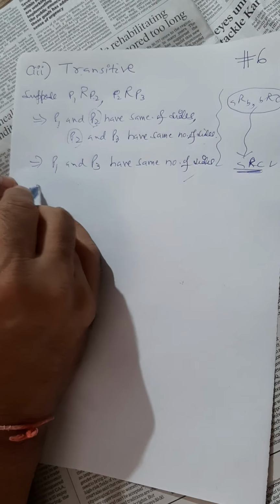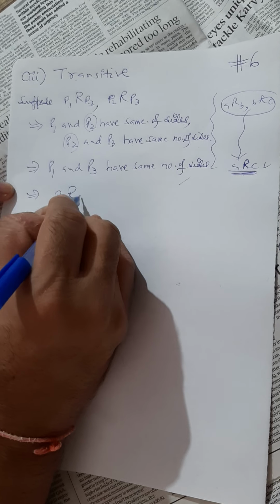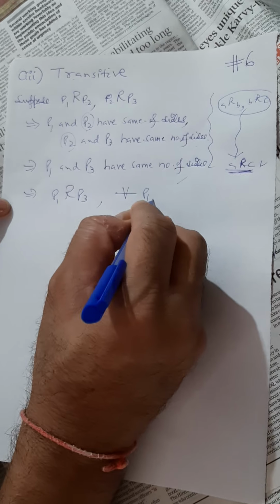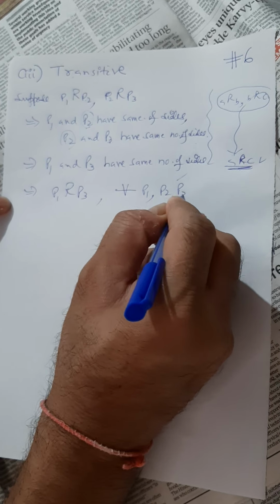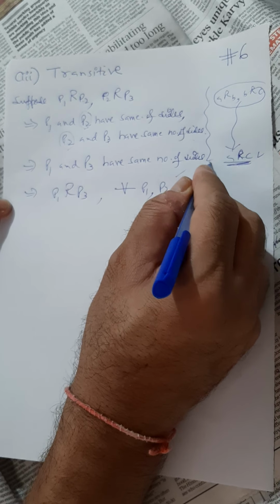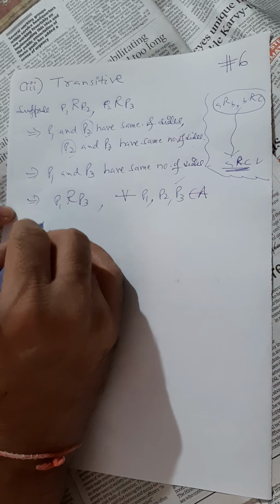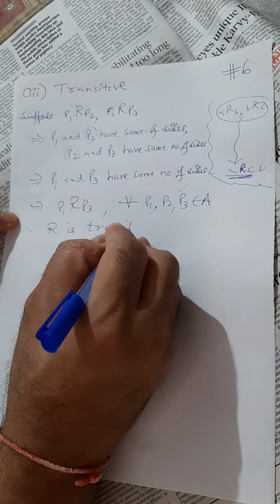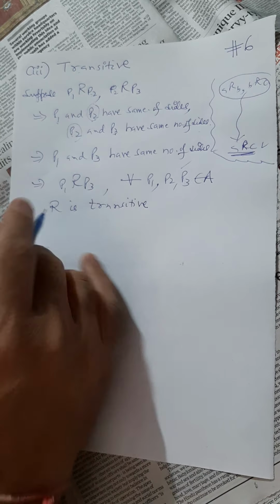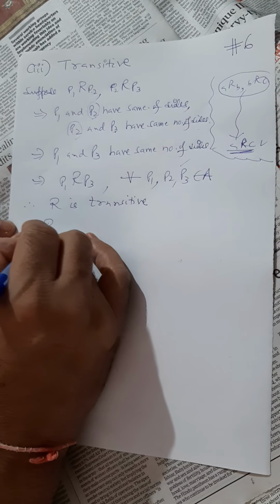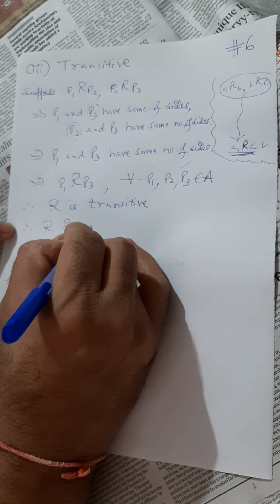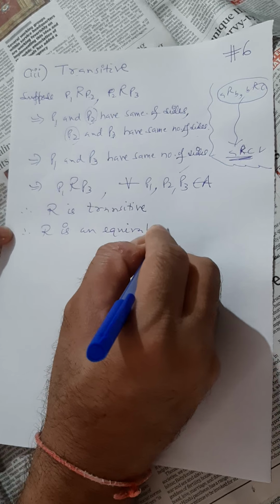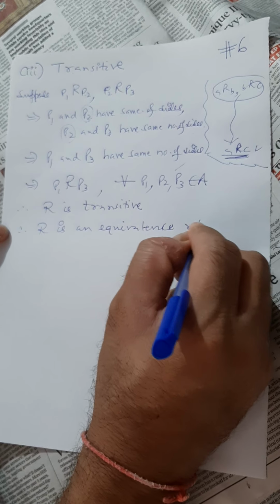So from this you can say that P1 is related to P3, and this is true for every 3 polygons P1, P2 and P3 that belong to the given set A, and therefore R is transitive here. So you can say that R is an equivalence relation because it's reflexive, symmetric and transitive.